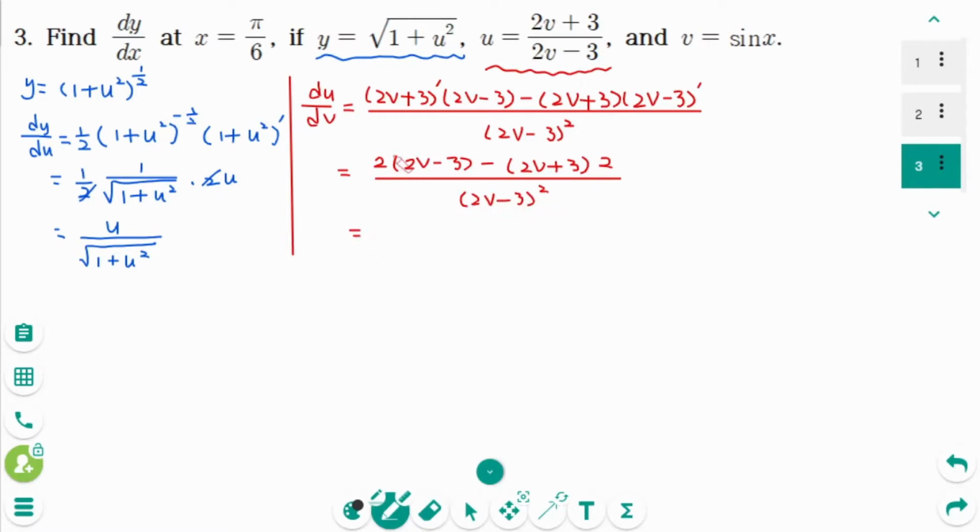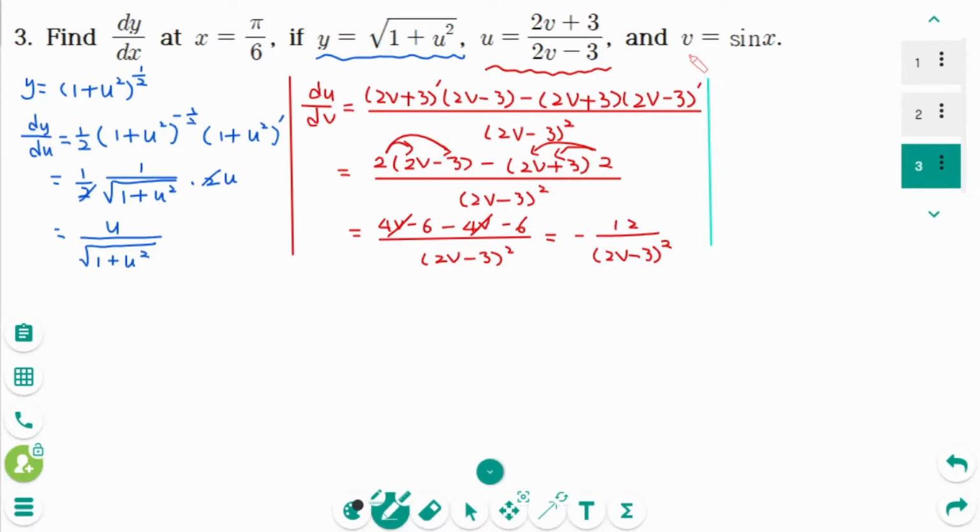Then expand: 4v minus 6 minus 4v minus 6 over (2v minus 3) squared equals, cancel, minus 12 over (2v minus 3) squared.